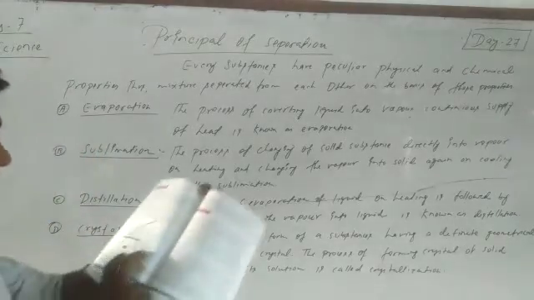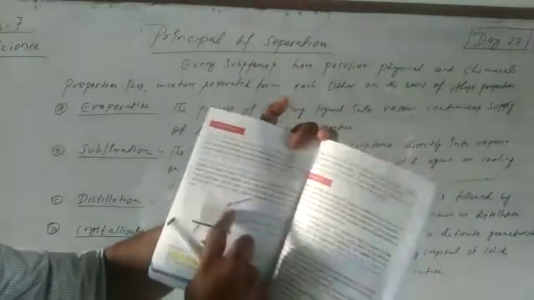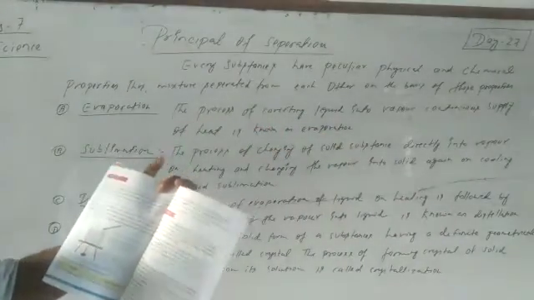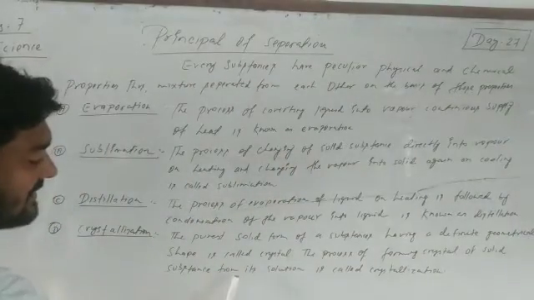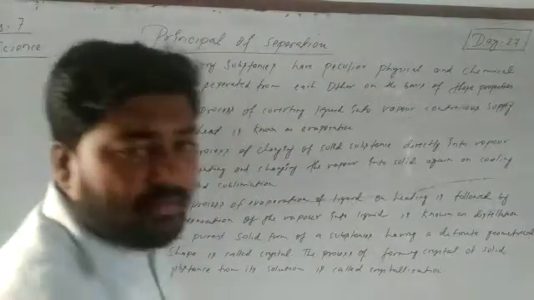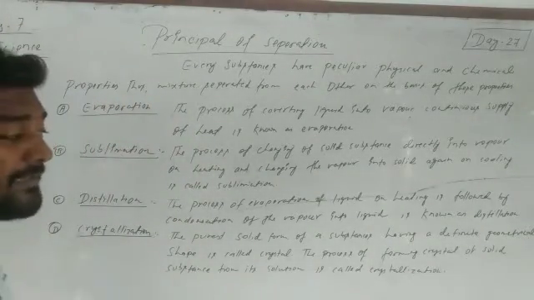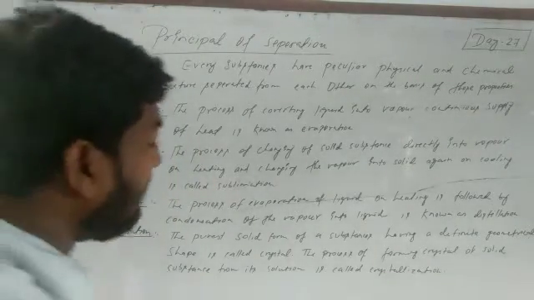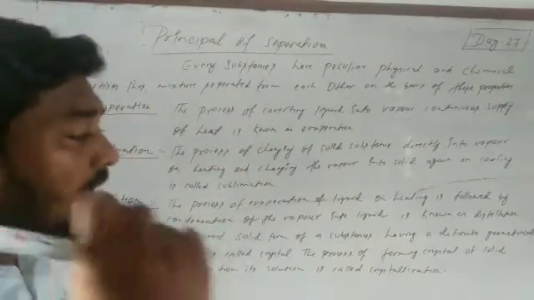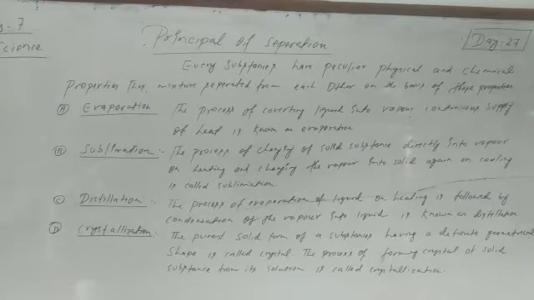You can see in this figure, this is a crystal of copper sulfate. The process of forming crystals of a solid substance from its solution is called crystallization.